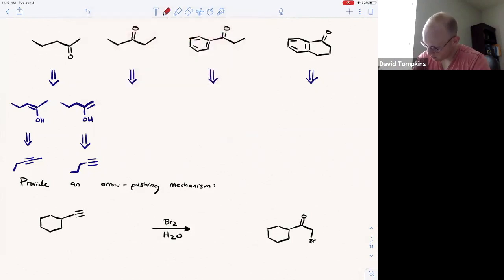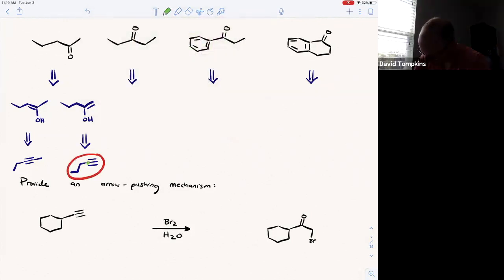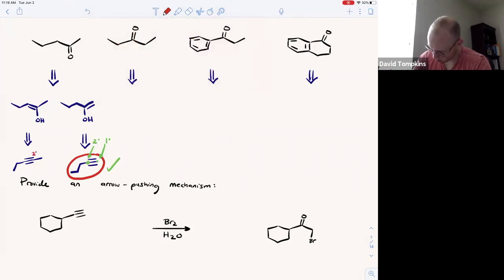So if you start with this one here, there is one secondary carbon and there is one primary carbon. So that would be regioselective. You would not want to use this route where there are two secondary carbons because that would not give you a single product.